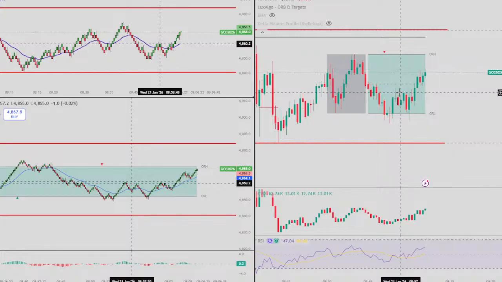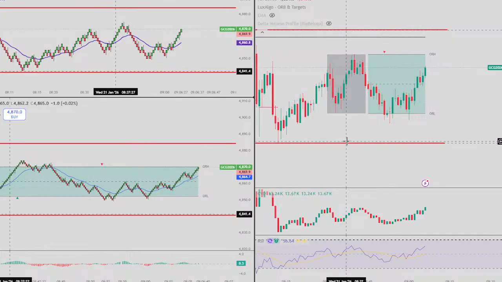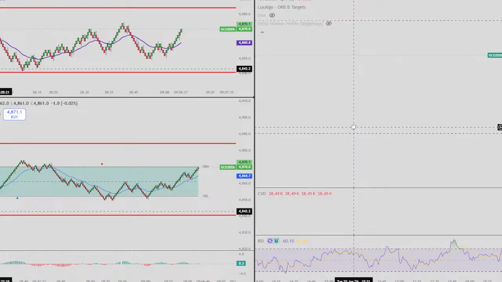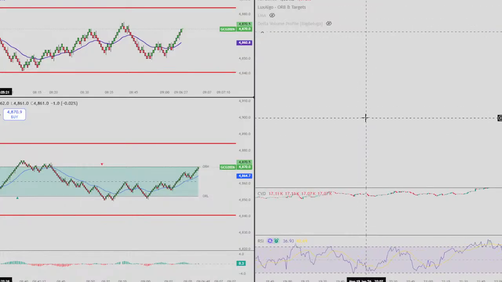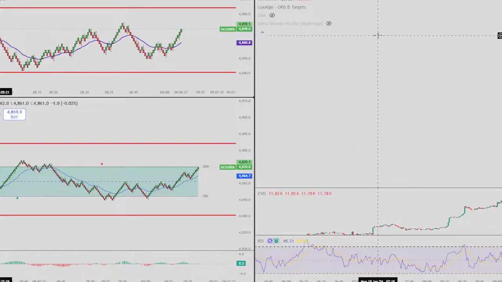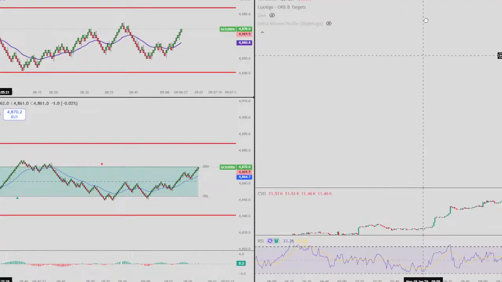And so if we're becoming not balanced inside the range, there may be more of an explosive move towards the outside of the range. That's kind of the hope, that's what we're looking for. But again, I don't have any real data to back that up. It's just hearsay at this point.